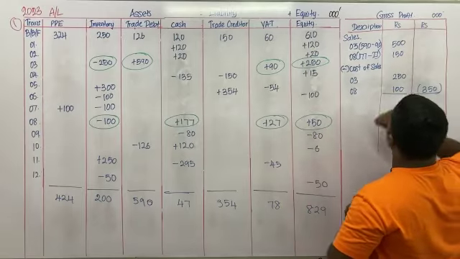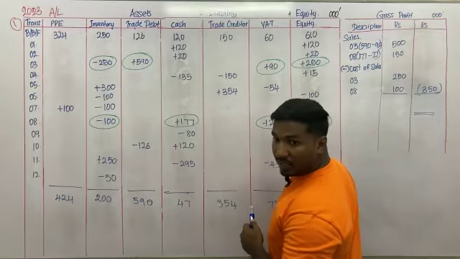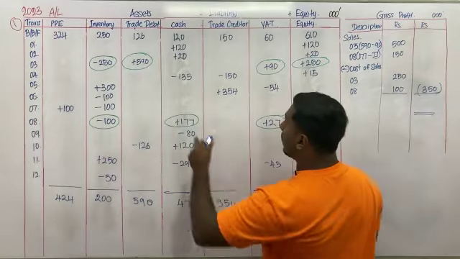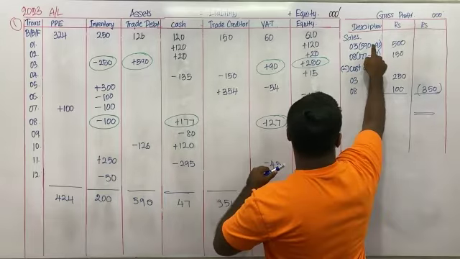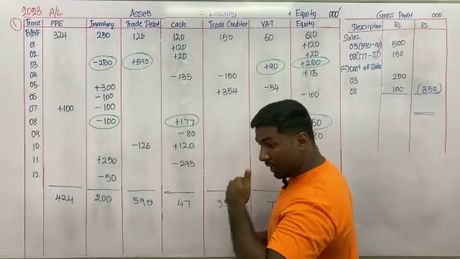This is the actual sales. 500 minus 90, 177 minus 27. We have to exclude the VAT values in the sales.